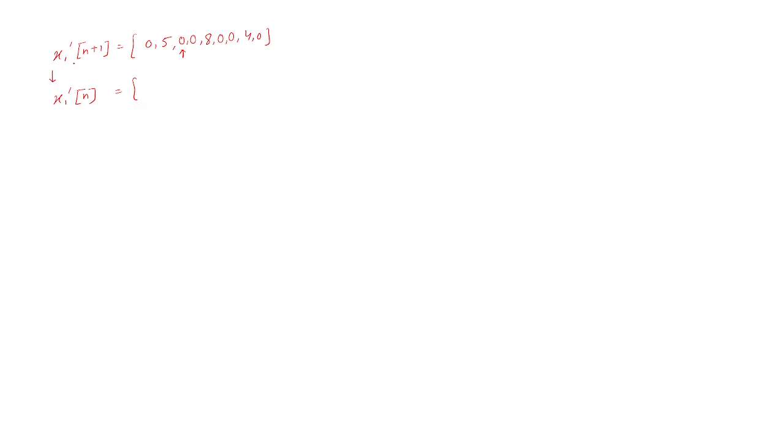So you obtain x1 dash of n from x1 dash of n plus 1 by delaying by 1 unit, which corresponds to shift of this zeroth index to the left. That is like this only.